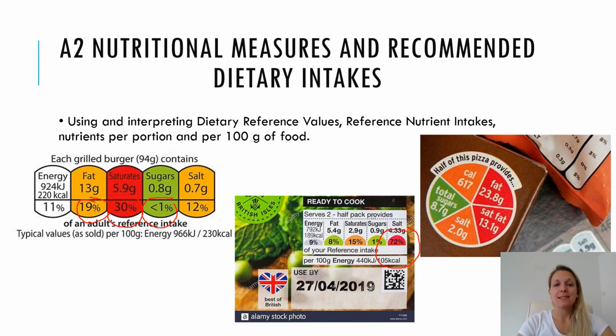Okay. Saturated fats. So these are the bad fats. Okay. 30%. That's a lot. It's a really big number. But sugar, not a lot. Less than 1%. So it might be really fatty, but there's not a lot of sugar in it. And then you've also got your salts. Okay, so 12% is a lot.